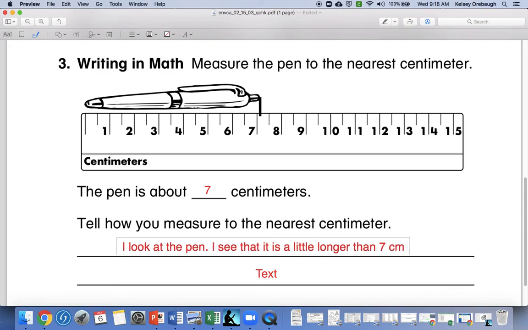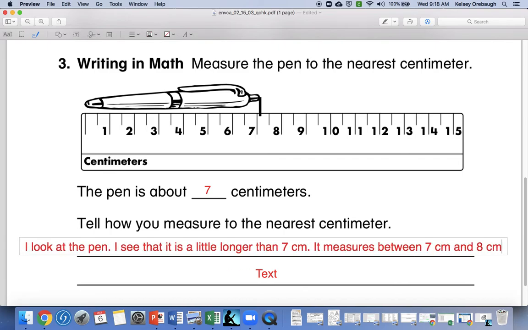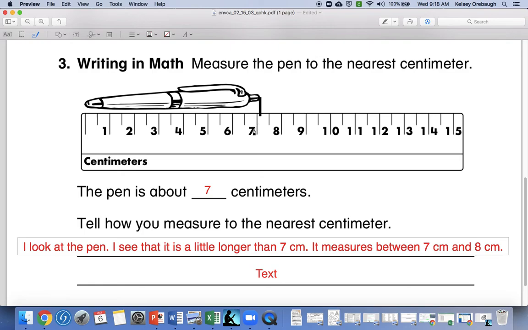And I'll use that abbreviation, CM. I look at the pen and I see that it is a little longer than 7 centimeters. It measures between 7 centimeters and 8 centimeters. Correct? Our pen measures between 7 and 8 centimeters.